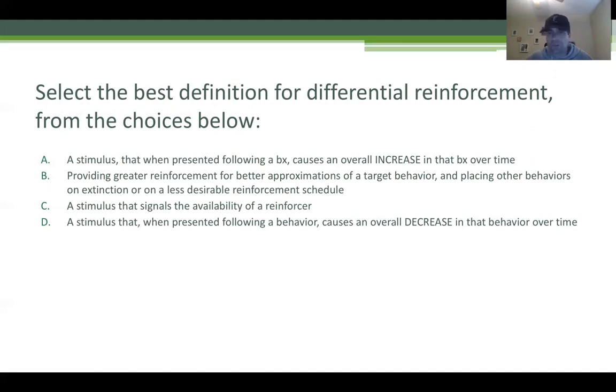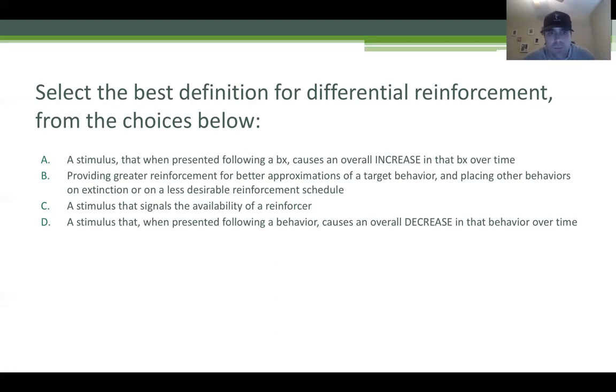So, what is differential reinforcement? It's presenting reinforcement in the presence of one response or behavior and putting all other responses, other forms of that response, or different responses on extinction. So I'm reinforcing A and then putting everything else on extinction. If I know that, we can go into the answer choices knowing what we're looking for.